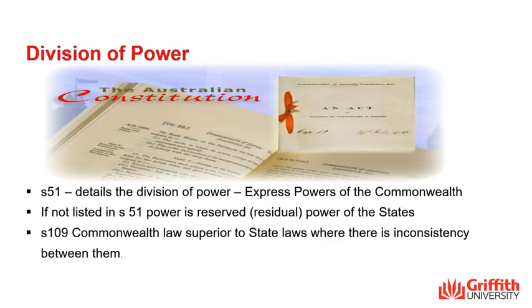And if the Commonwealth can't make a law that can be put against one of those 39 powers in Section 51, known as placita, then they can't make a law on it, because it is the reserve power of the states. So the Commonwealth has 39 express powers, and the states have everything else.